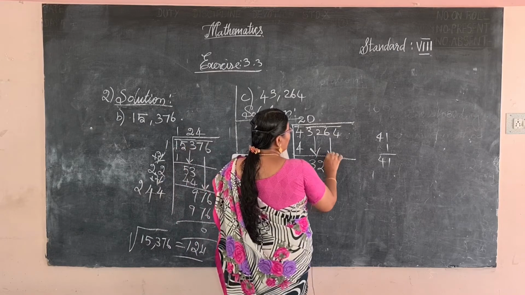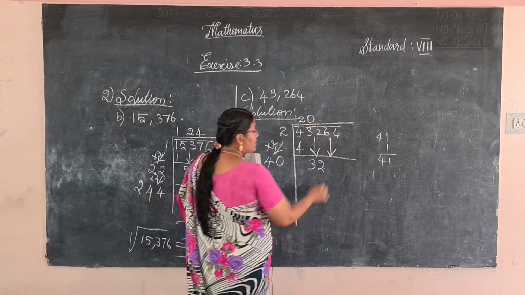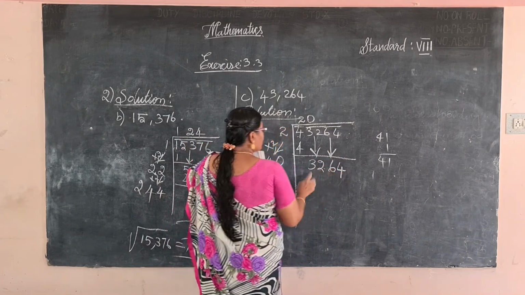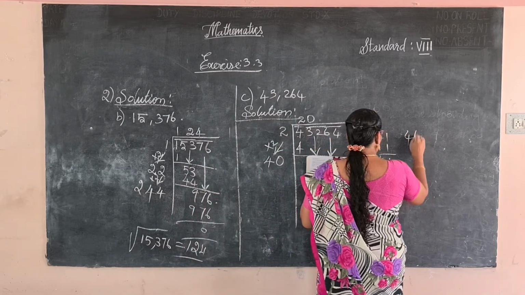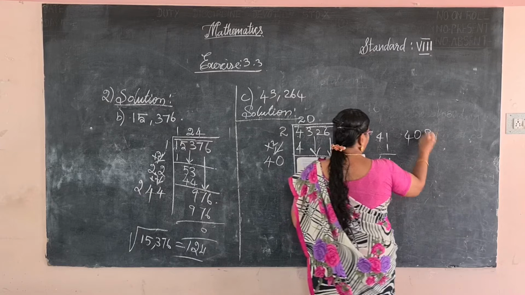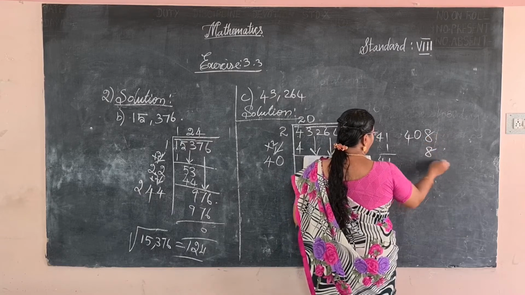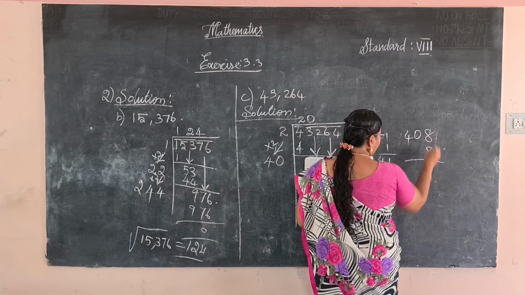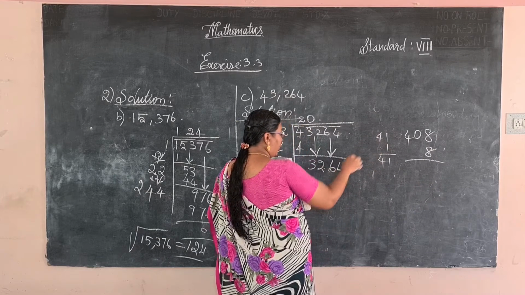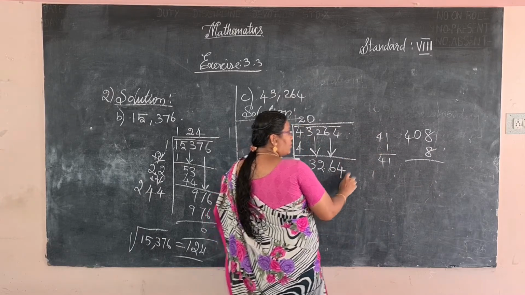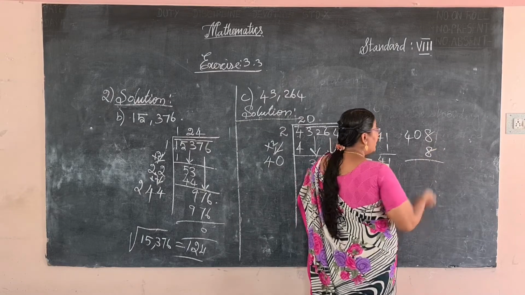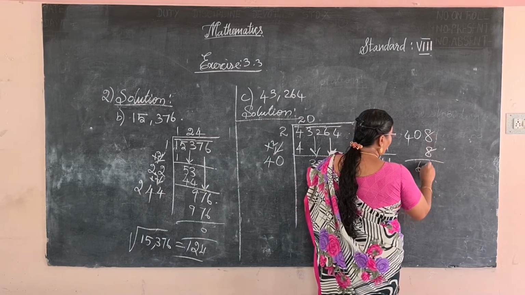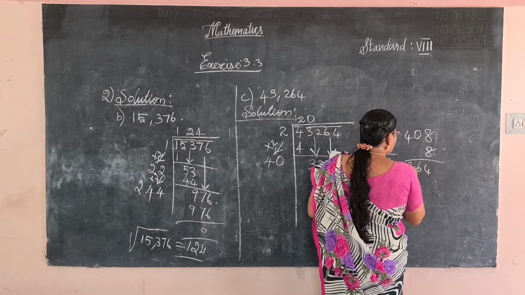Now bring down the next 2 digits, 64. So is this possible? 408 multiplied by 8. 8 8s are 64. Why do we put the 8? Here it is 64, so by the trial and error method I will put the 8. 8 8s are 64, 8 4s are 32.